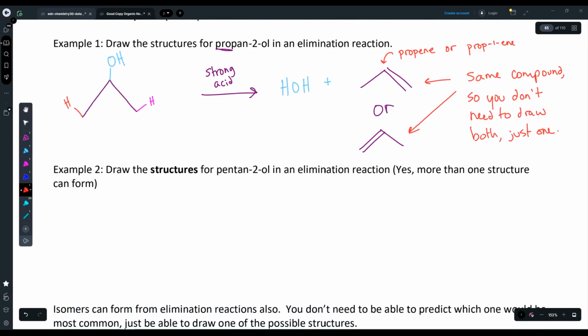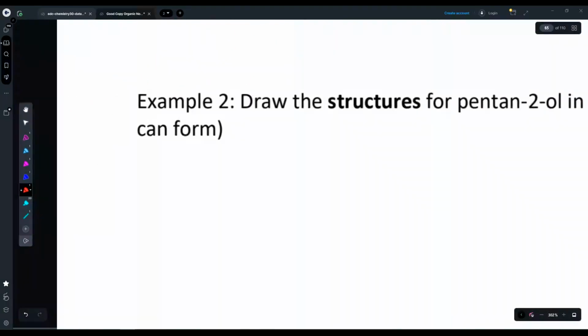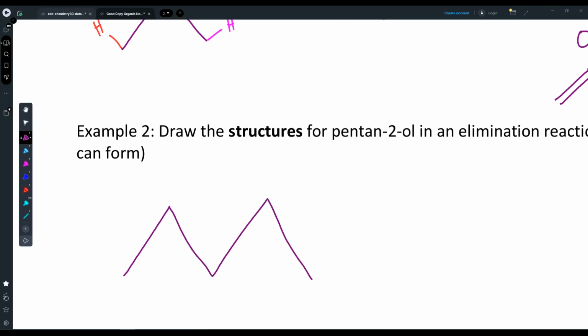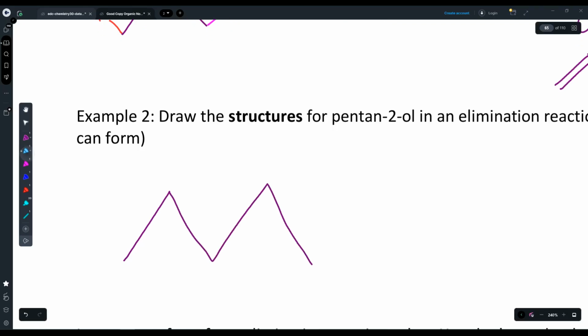All right. Example number 2, draw the structures for pentan-2-ol in an elimination reaction. Yes, more than one structure can form. So pent means that there are 5 carbons, and there's an alcohol group on carbon 2. So 1, 2, 3, 4, 5, and there's my alcohol group on carbon 2.